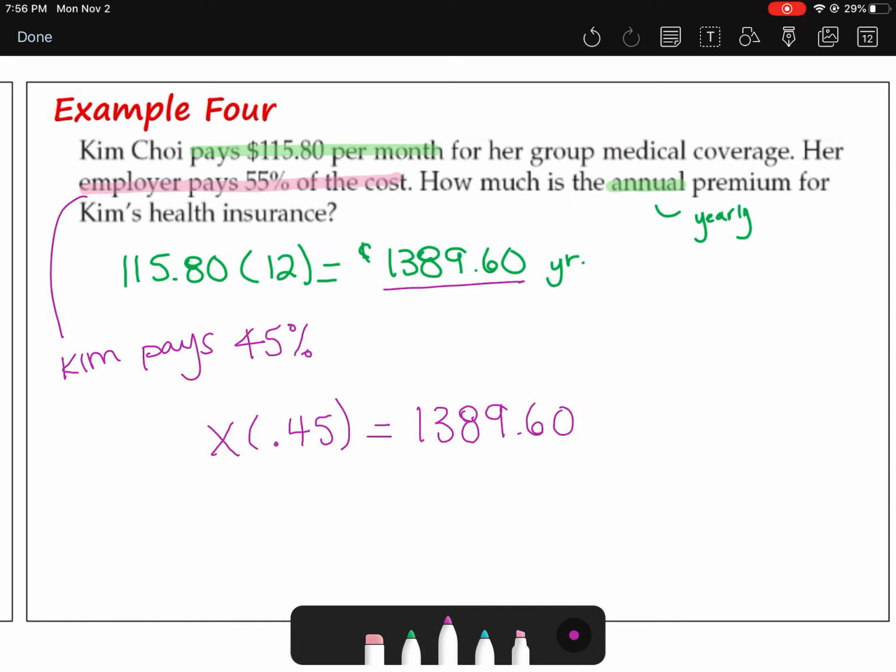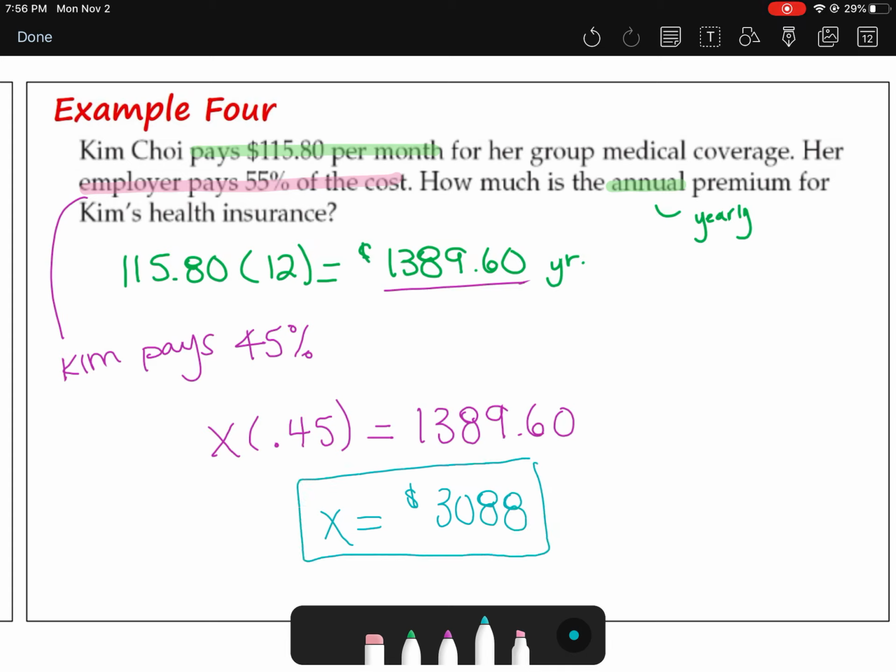Okay, so again, your premium times your percent gives you how much you pay. So to solve for X, I'm going to divide by 0.45. When I divide by 0.45, I end up getting $3,088. And again, that was the premium. And the premium is just how much my medical insurance costs. It's not what I pay or the employer, it's what we both pay together.